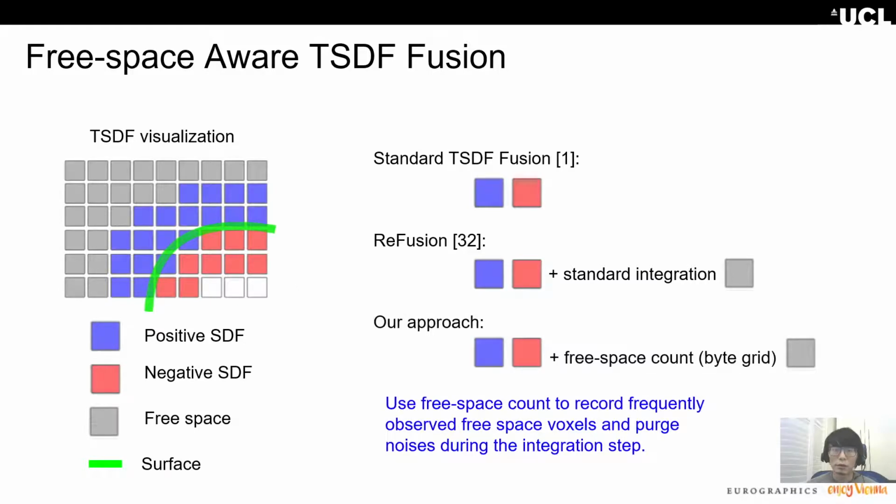In our system, we propose to maintain a sharp background, which records the frequency that the voxel is being identified as free space voxel. Then we define a threshold to identify which voxel has been frequently observed. And this allows us to aggressively and immediately remove any outlier to prevent the tracking from being polluted.